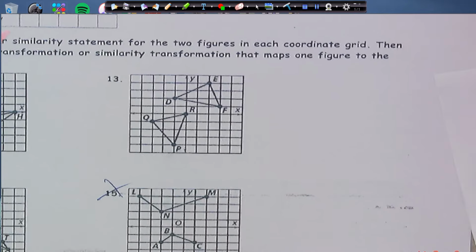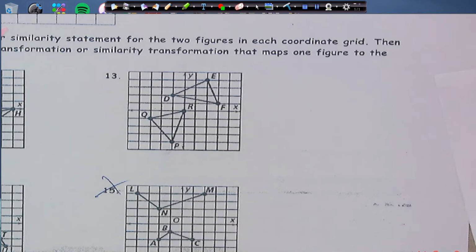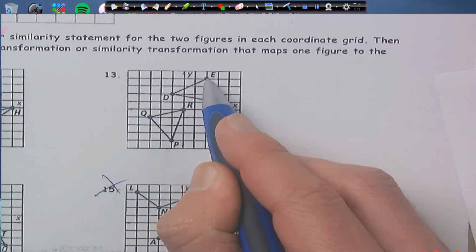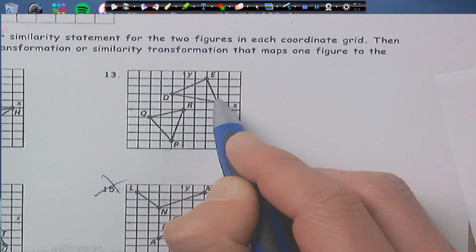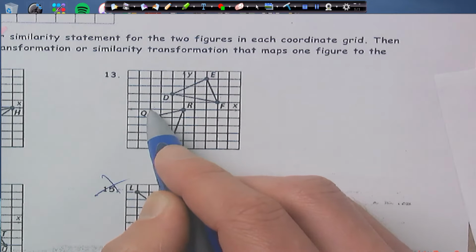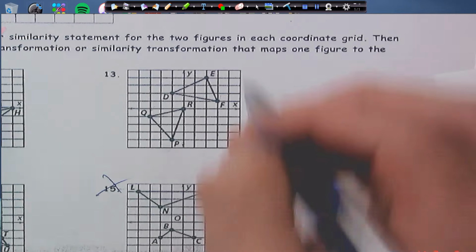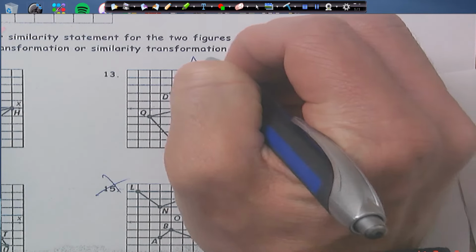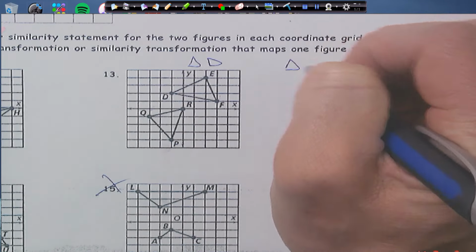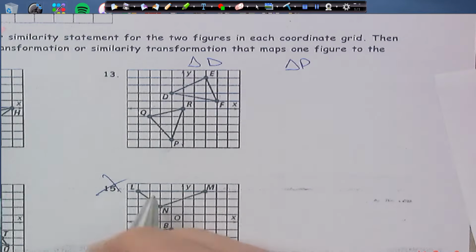Okay, looking at this one, we want to go ahead and see if we can line these up. And so what we're going to want to do is make sure we line up the correct piece with the right spot. Notice from E to F, we'd have to go up 1, down 3, and this one you go up 1, over 3. So these two should match up, which means that triangle D, triangle P, those points should match up.